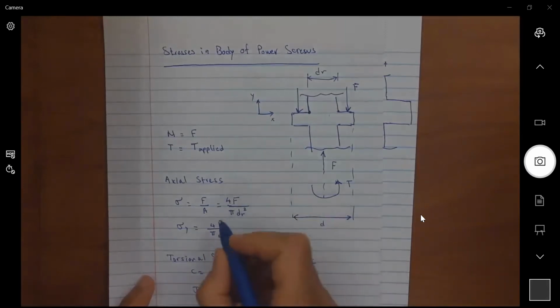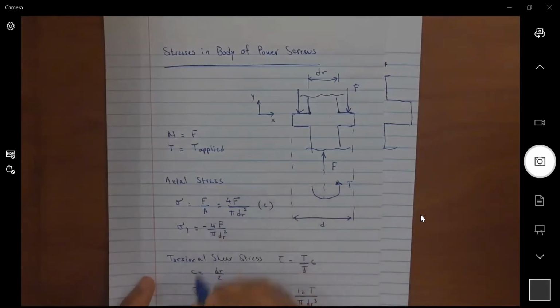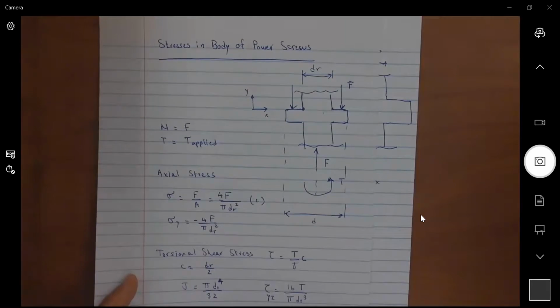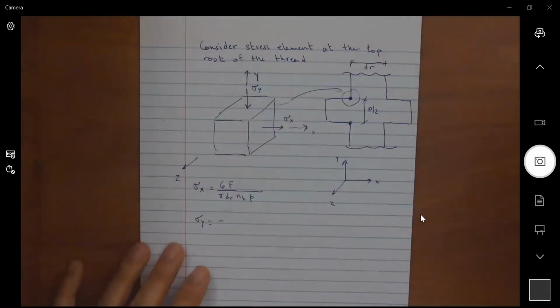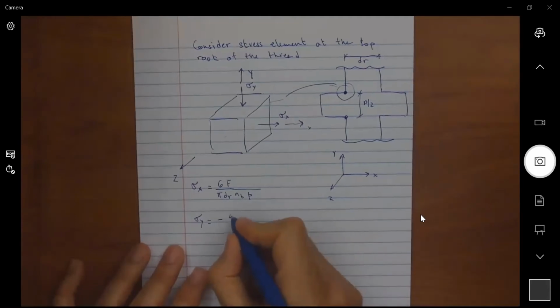And I really should put a negative sign, since it is compressive. So sigma y is minus 4F divided by pi dr squared.